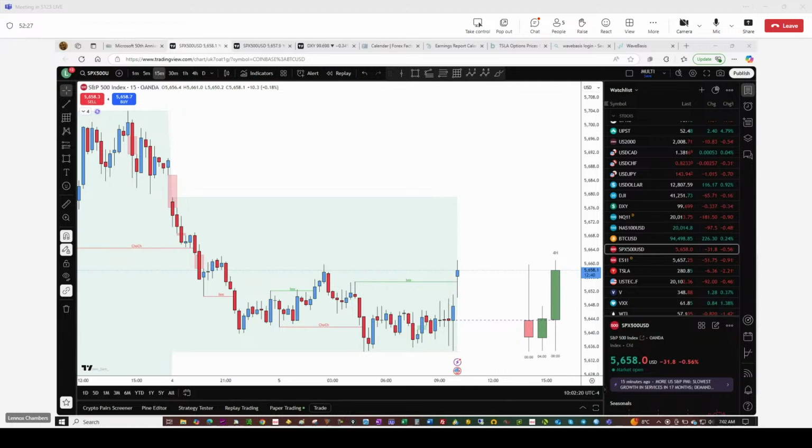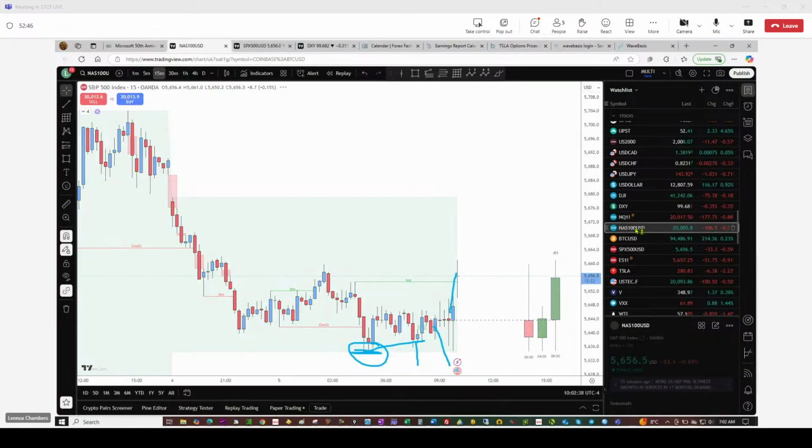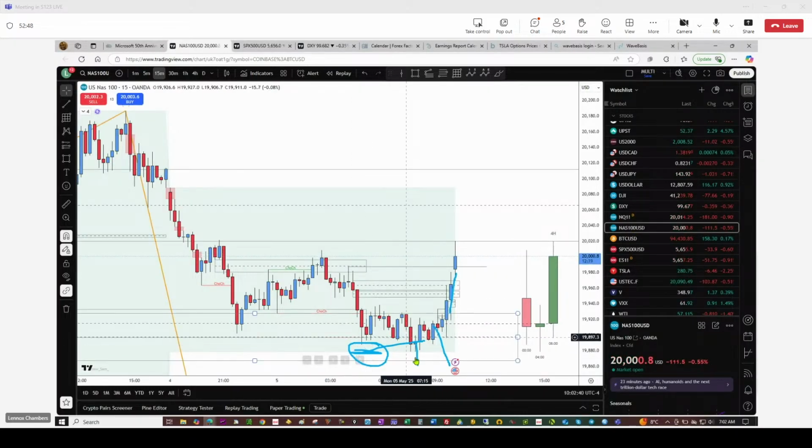So there was divergence, which was the catalyst for us moving back to the upside. So we're not getting a fifth wave drop on S&P like we did on the NAS. The NAS did break this low right there. So if I go back to the NAS, you see we did break that low, and that gave us our fifth leg, which is what we would expect.